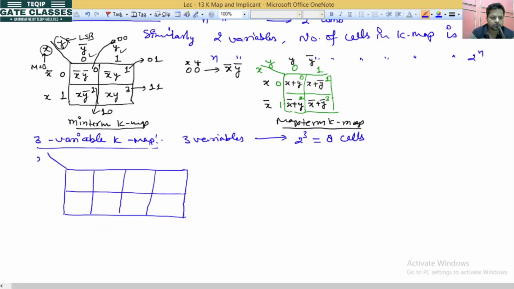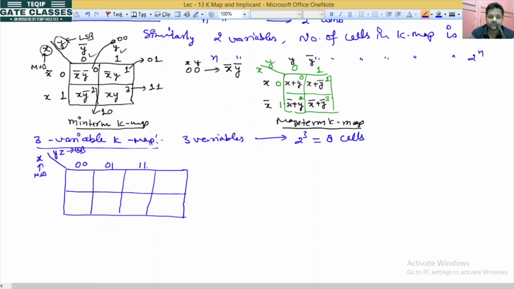Okay? One variable is here because we have only 2 cells. For one variable 2 combinations will be there, either 0 or 1, and I place here the remaining 2 variables. So this is our MSB and this Z is our LSB. What is the value after 0 0, 0 1? It will be 1 1 because it is gray code.